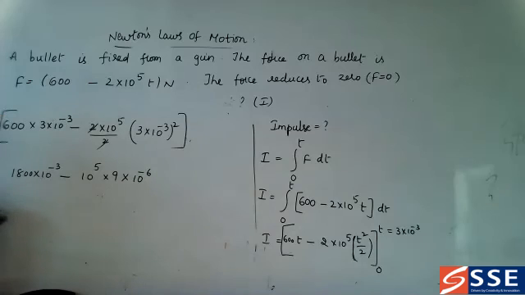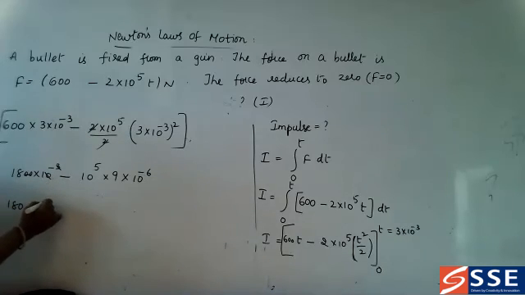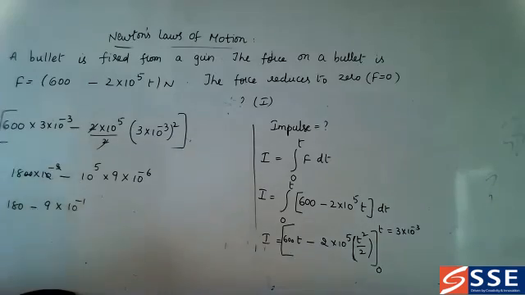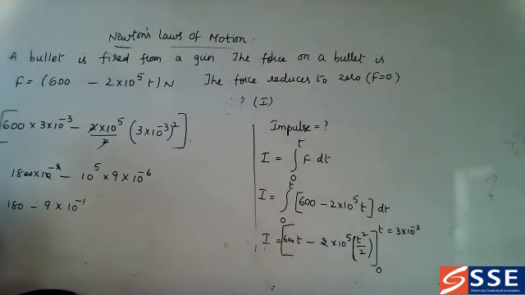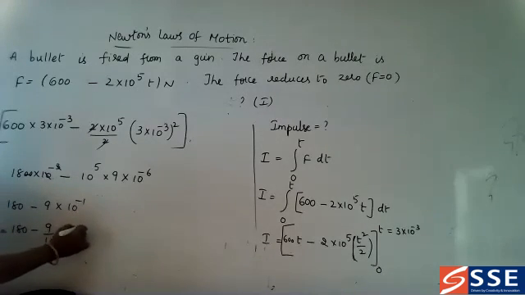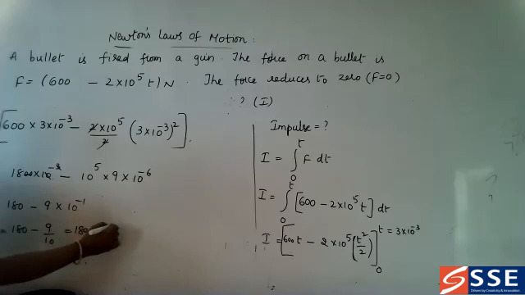So I goes to, you can cancel 2 zeros here. So 180 minus 9 into 10 power minus 1. So I is equal to 180 minus 9 by 10, which is 180 minus 0.9.